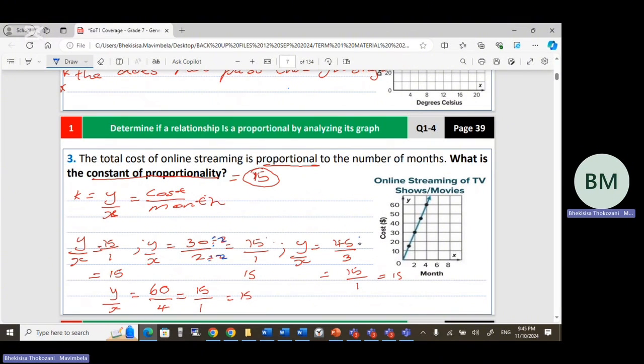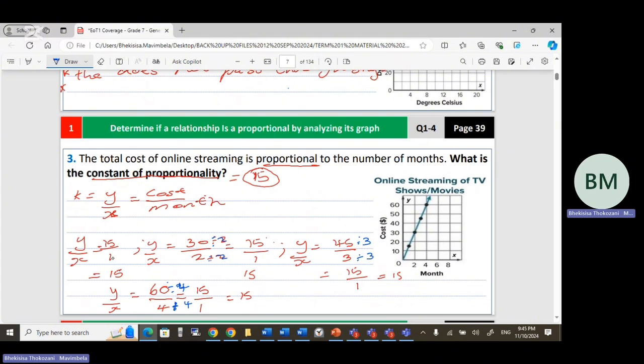And for this one here, I divided everything by 3. And here I divided everything by 4. So 4 divided by 4 is 1. 60 divided by 4 is 15. So just to give you an idea of where I get all these answers.